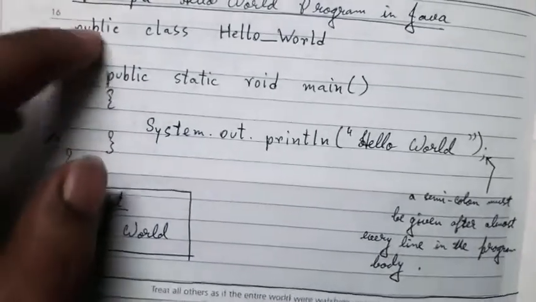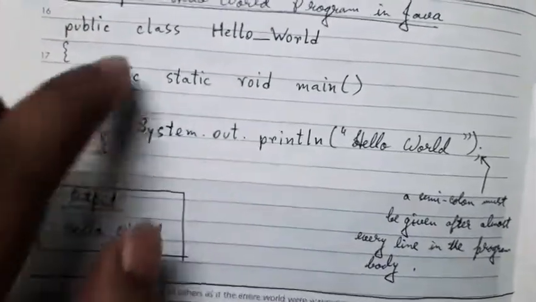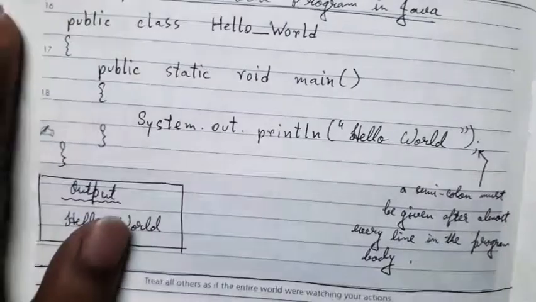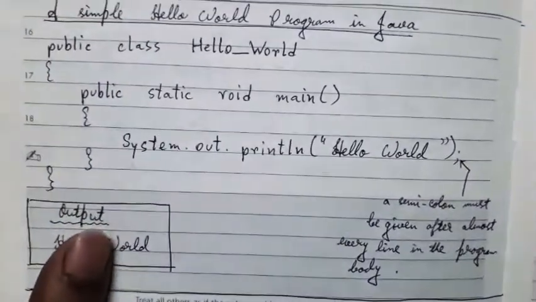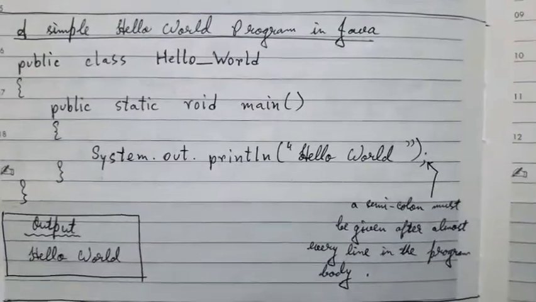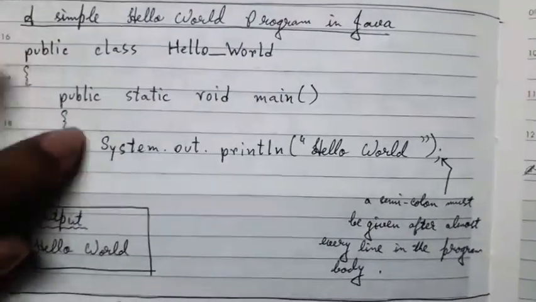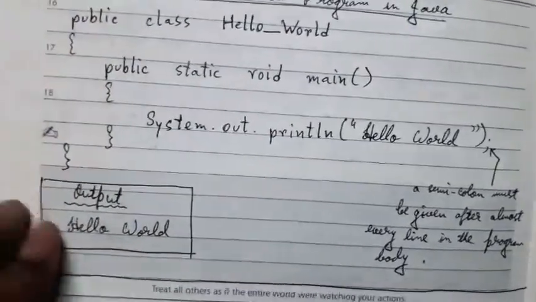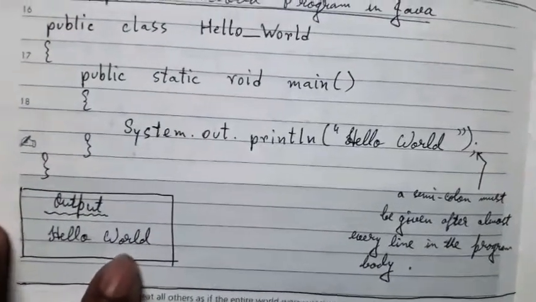There are two braces, and two braces are mandatory. Other braces you can give if you want, but two braces are mandatory. Output is hello world, that's all.